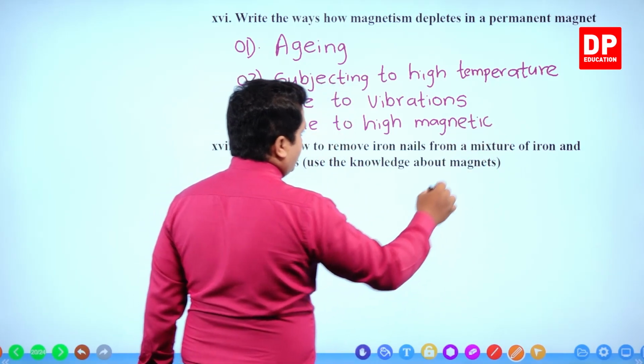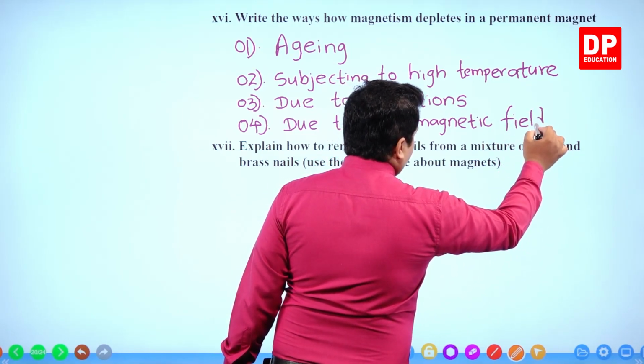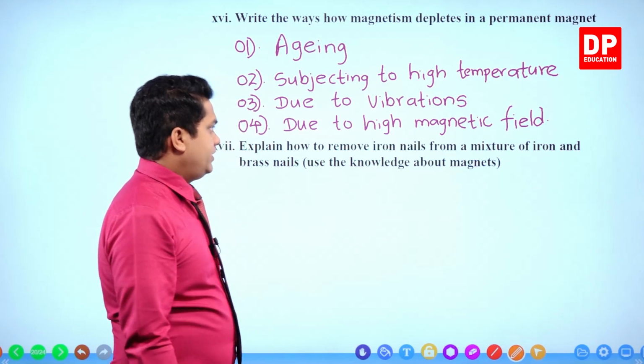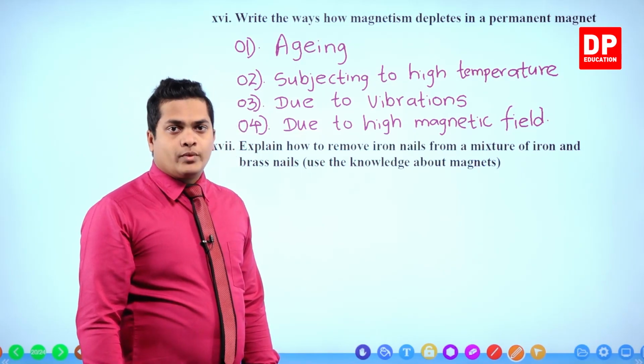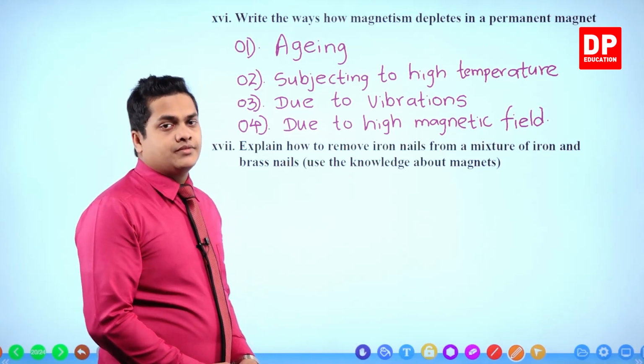So these are the ways in which the magnetism is going to deplete in a permanent magnet.